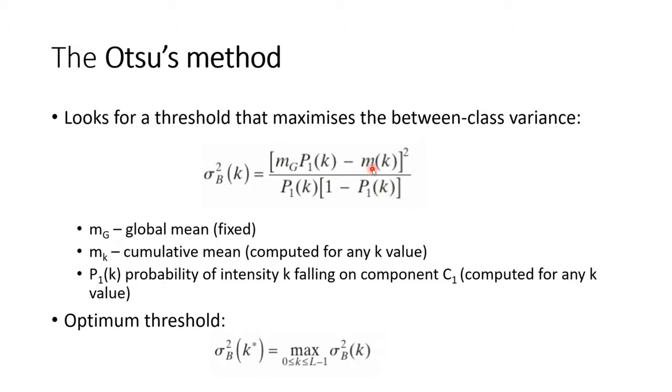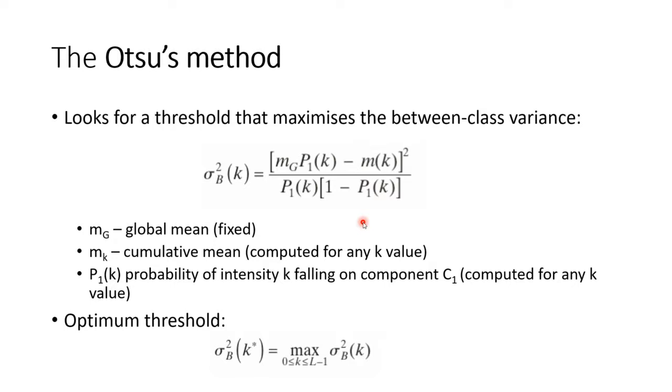Why is this a cumulative mean? The global mean is a fixed value, right? For the cumulative mean, you walk pixel by pixel, ordering your pixel intensity levels, and you calculate the cumulative means every time you step forward on a pixel intensity.